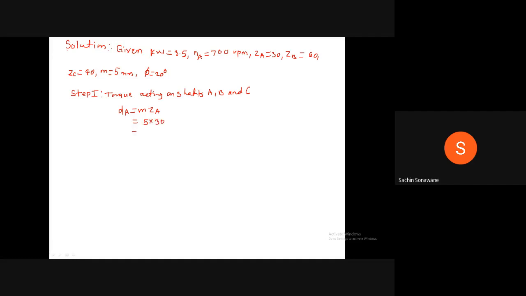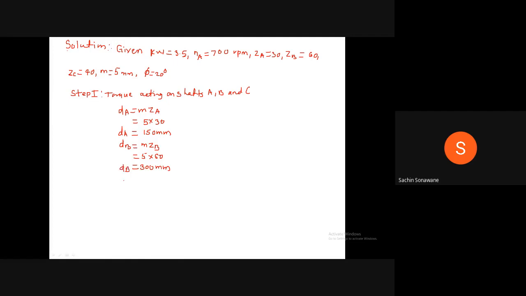Therefore, DA is equal to 150 mm. Similarly, pitch circle diameter of gear B is M into ZB, which is equal to 5 into 60, which is equal to 300 mm.